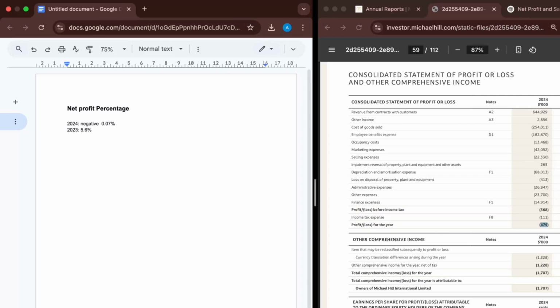So this figure shows how much for every $1 of sales for the Michael Hill Group remained after all expenses, including interest and tax, were paid.